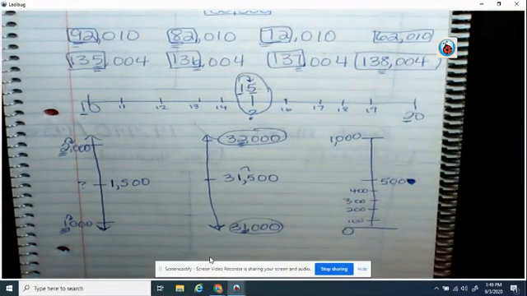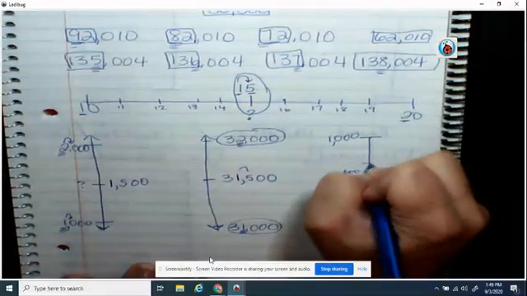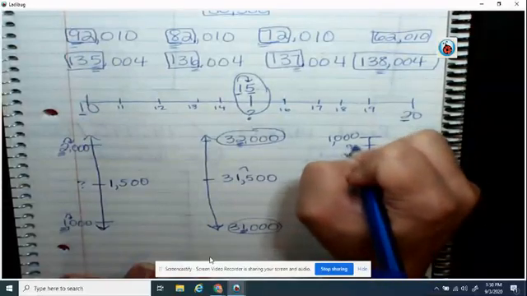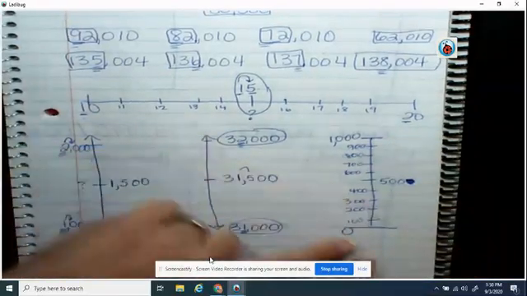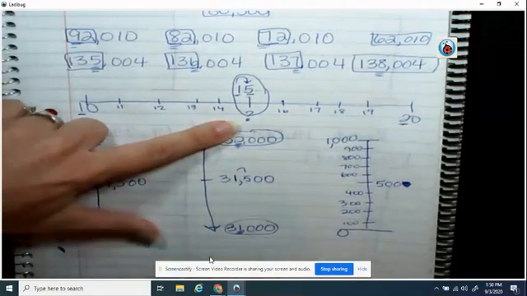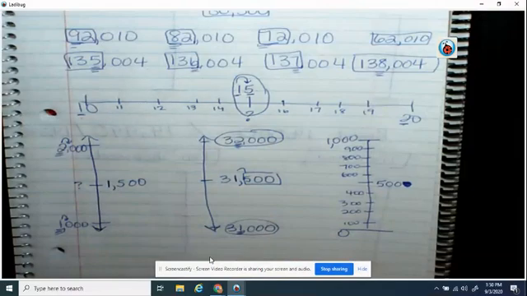Then I have 500, that's right in the middle. 600, 700, 800, 900. The only difference is this isn't 0 and 1,000. This is 31,000 and 32,000, but 500 is still that middle point between the thousands. Okay.